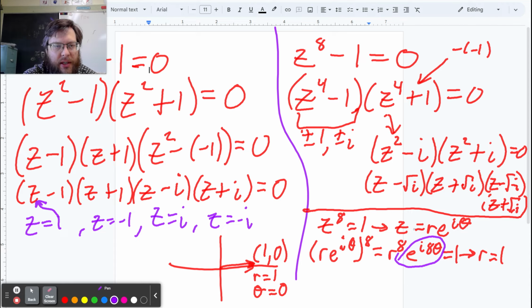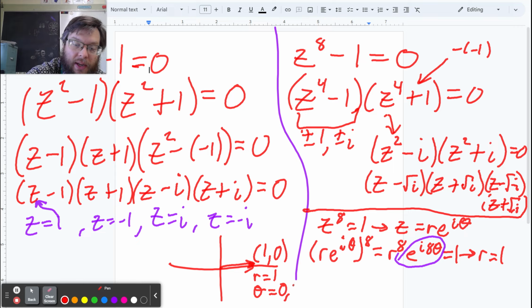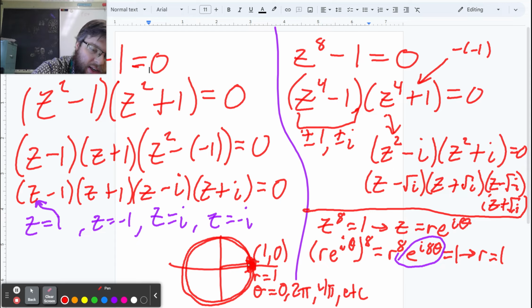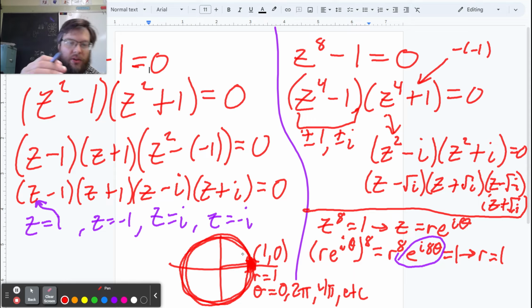And so there are actually a lot of different possible answers for that theta, because my theta could equal 0, or my theta could equal 2 pi or 4 pi, etc. What I'm saying is that I can always rotate a full circle and end up again at the complex number 1. The complex number 1 does not have a unique angle. It has an infinite number of angles that you can do full rotations to get back to.